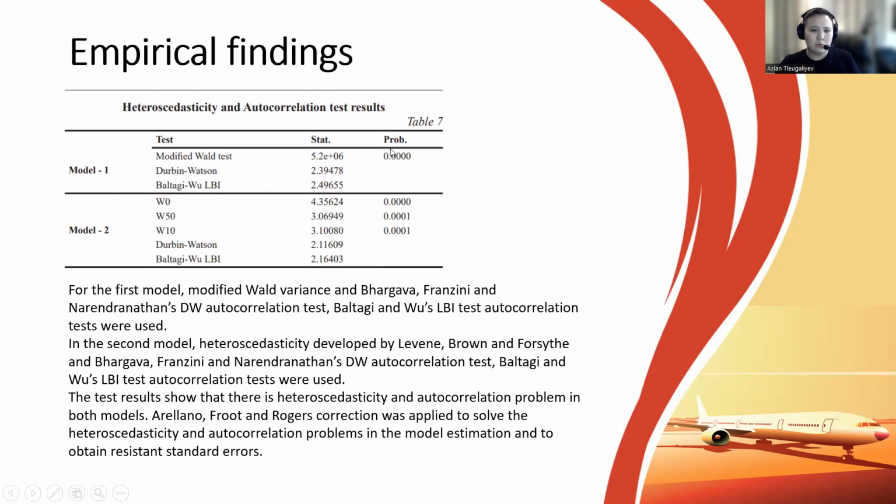We can see the p-value here is 0, here it's 0.0001. These values are lower than the 1% level of significance, meaning it's significant, and there are actually issues of heteroscedasticity and autocorrelation in our model. However, the Arellano, Froot, and Rogers correction was applied to solve for these issues in model estimation to obtain robust standard errors.